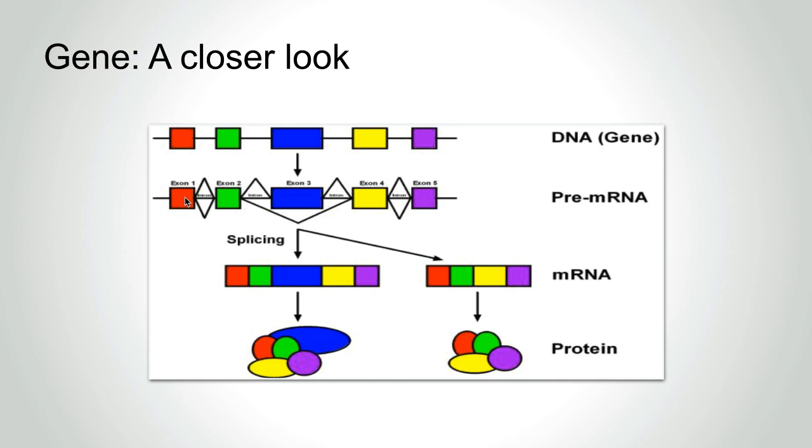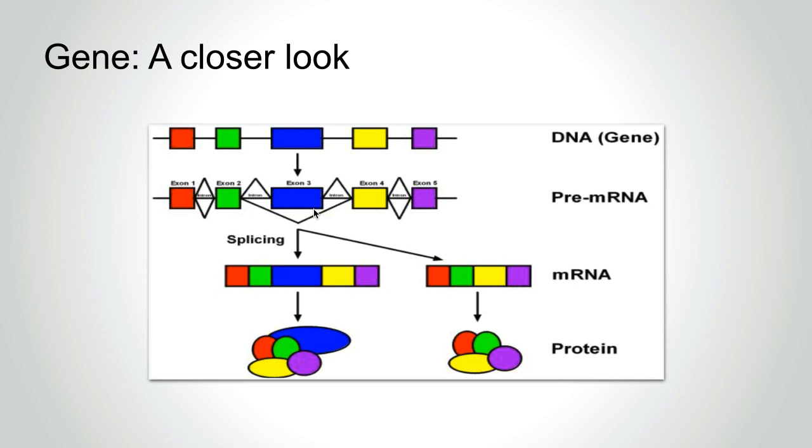We can think of each of these building blocks as a Lego. So these Lego structures join with each other to create a gene. In this particular picture, you can see that the introns are not present.